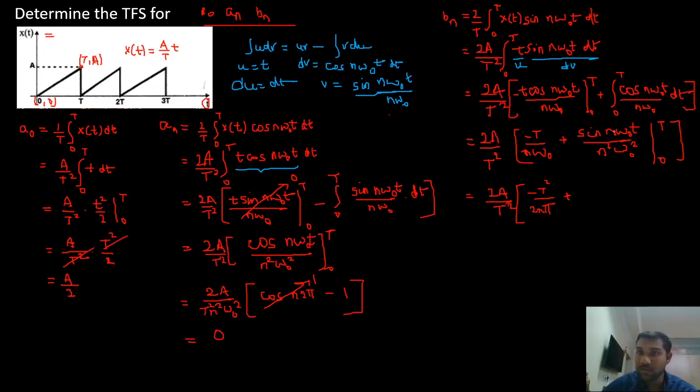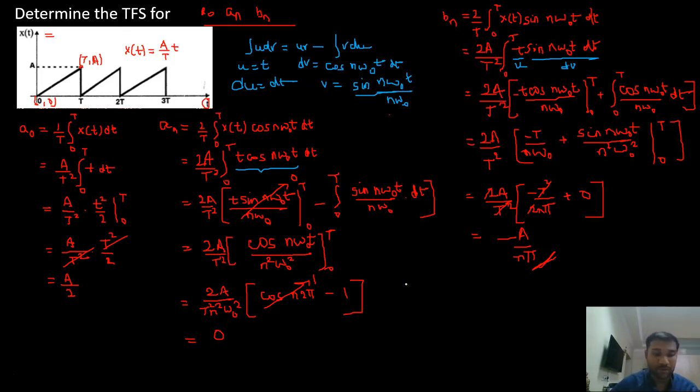Sine 2n pi is 0 and sine 0 is also 0. So this is 0. The 2 gets cancelled, T square gets cancelled. What am I left with? I'm left with minus A by n pi. So this is my bn.